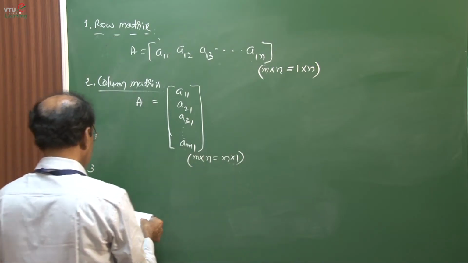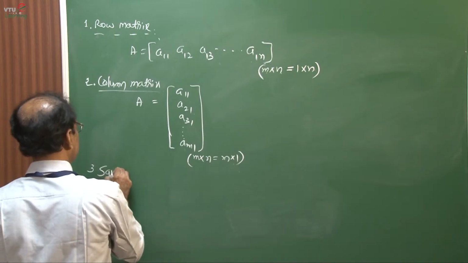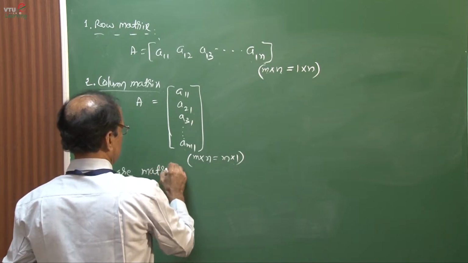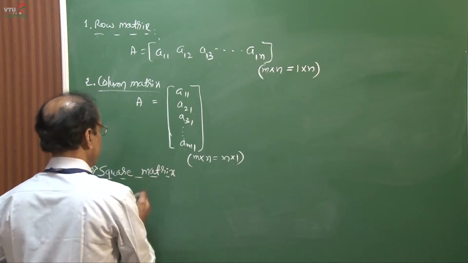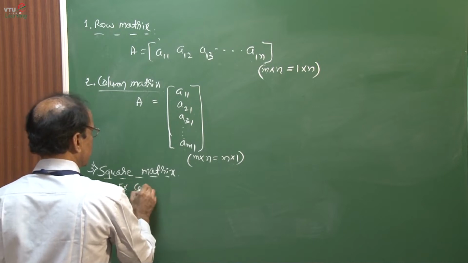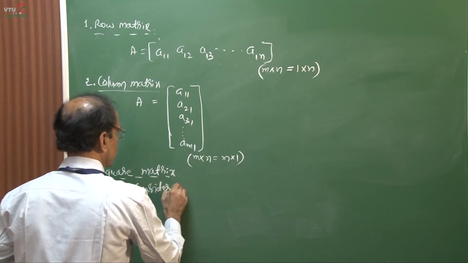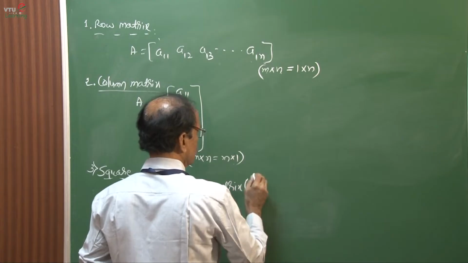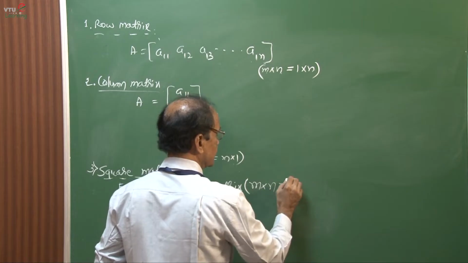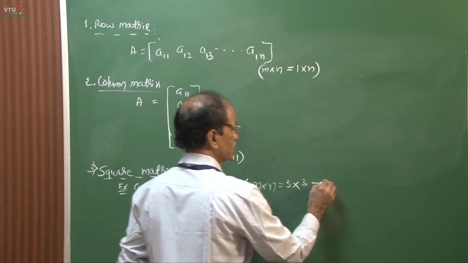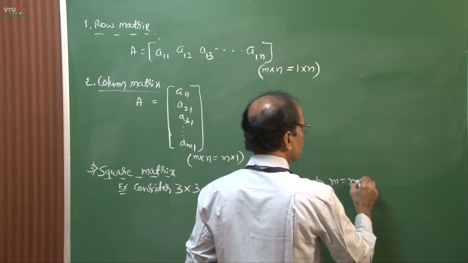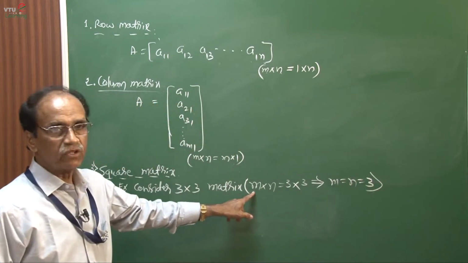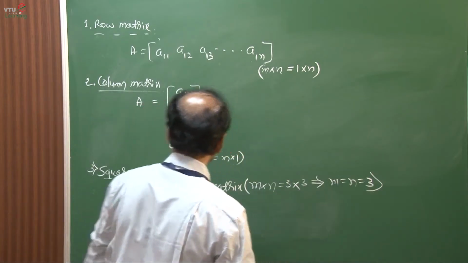And the third one, the square matrix. In this square matrix example, consider a 3 cross 3 matrix. That means m cross n is equal to 3 cross 3, which implies m is equal to n is equal to 3. The number of rows is equal to the number of columns, that is 3.